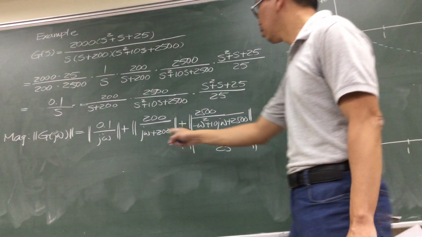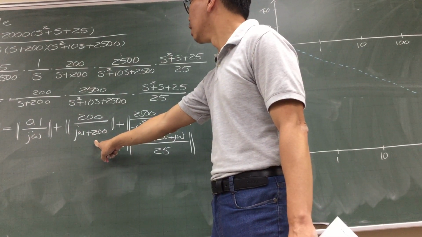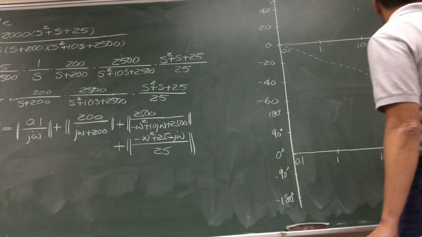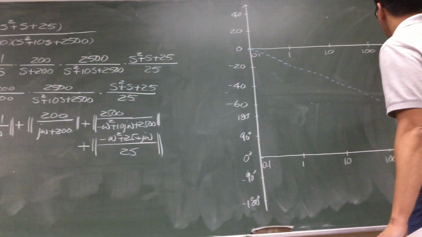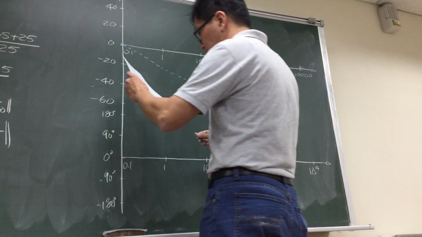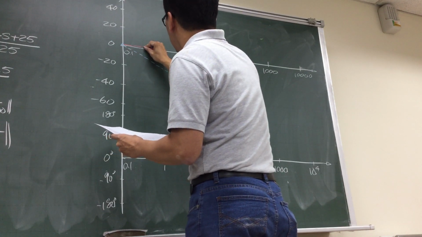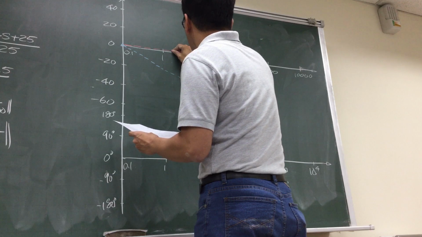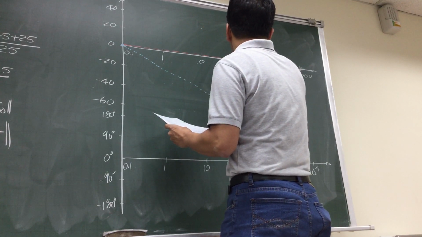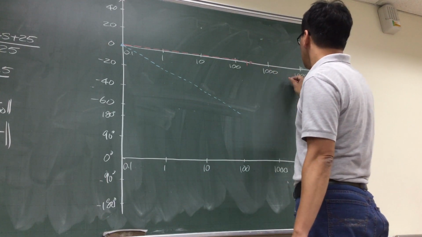How about this one? This is what? First order pole. So it will be at 200, which is somewhere here. So I'll have how many dB? 1 dB.